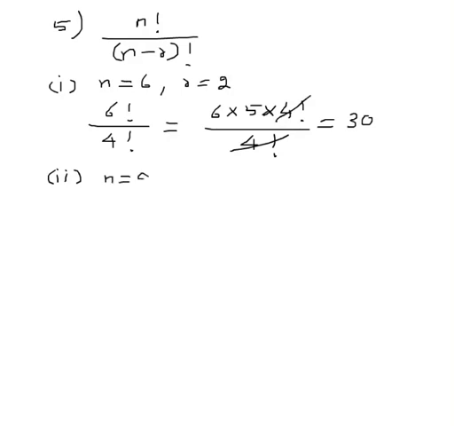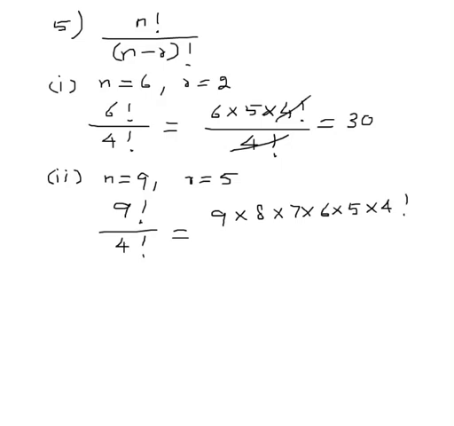The second subdivision, n is 9 and r is 5. We get 9 factorial divided by 9 minus 5 factorial, which is 4 factorial. Let us write 9 factorial as 9 times 8 times 7 times 6, 5 times 4 factorial divided by 4 factorial.